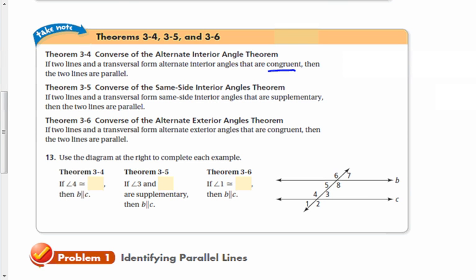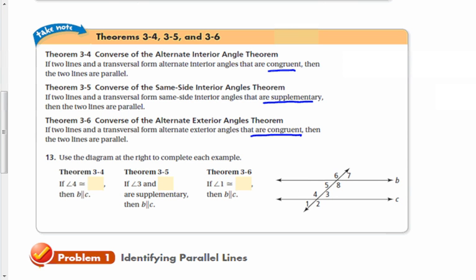Converse of the same side interior angles theorem says that if two lines and a transversal form same side interior angles that are supplementary, then the two lines are parallel. And the converse of the alternate exterior angles theorem says that if two lines and a transversal form alternate exterior angles that are congruent, then the two lines are parallel.